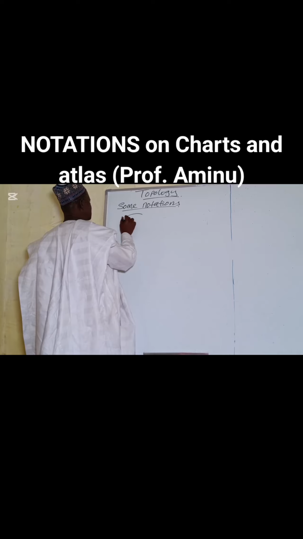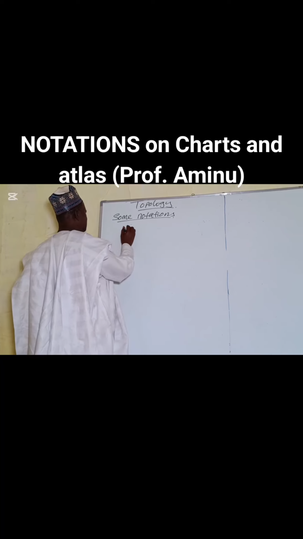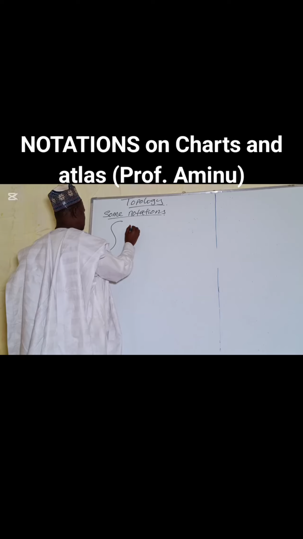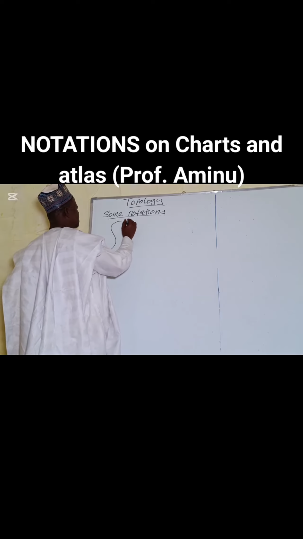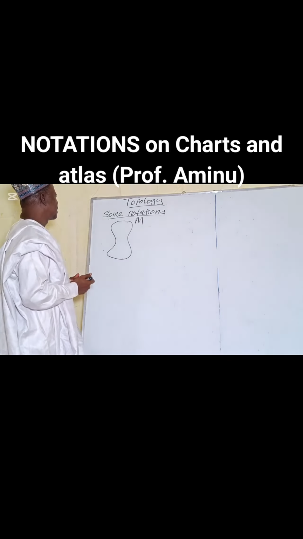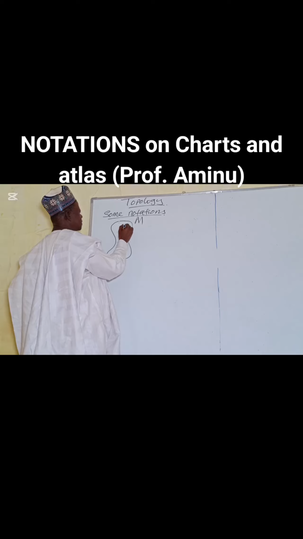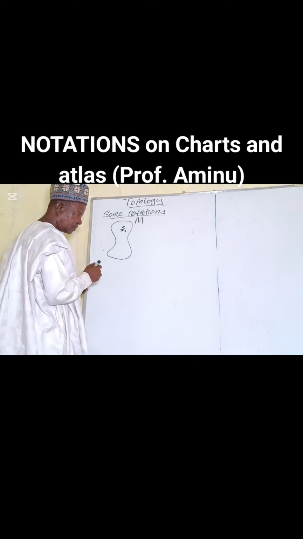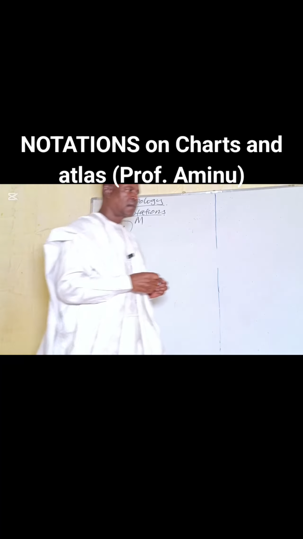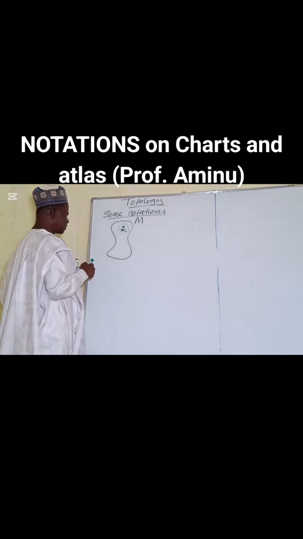To begin with, supposing we have a manifold, something like this. Okay, supposing this is a manifold. Now, supposing we pick a point or points, maybe x1 in the manifold, then I form a neighborhood around this point.